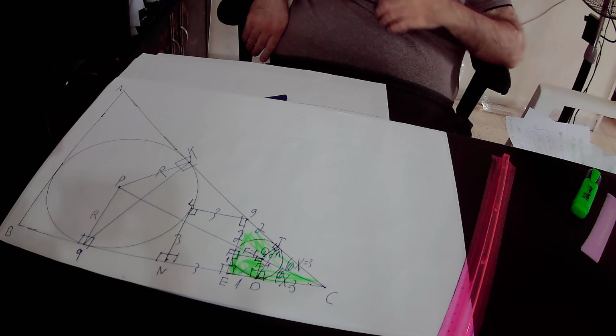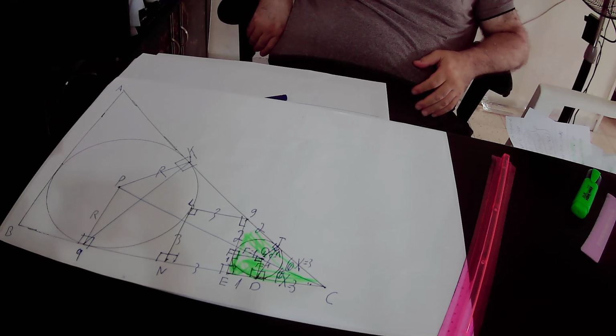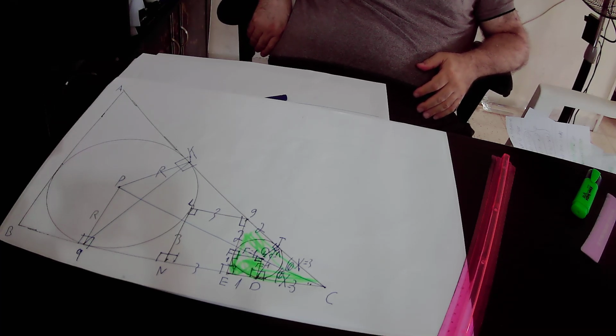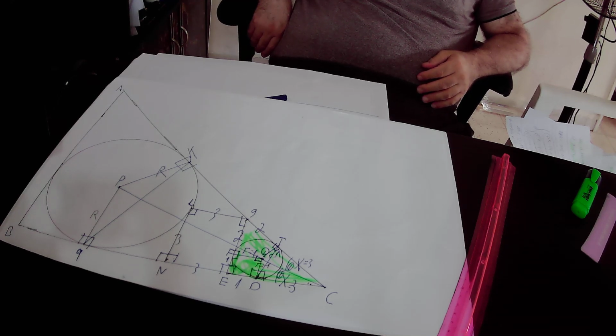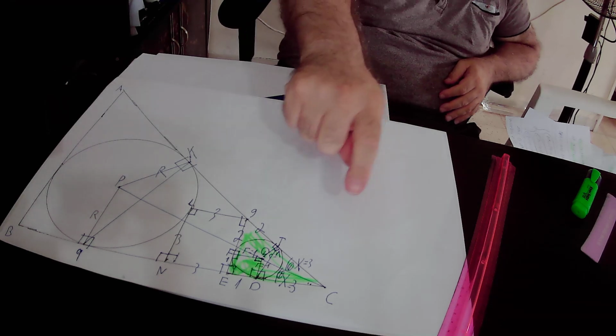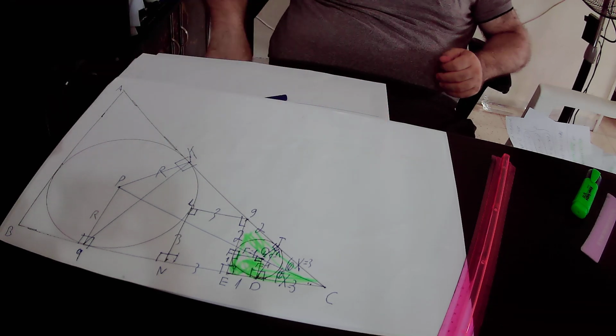Therefore, we'll conclude that our assumption is incorrect, and therefore CO must pass through point P.